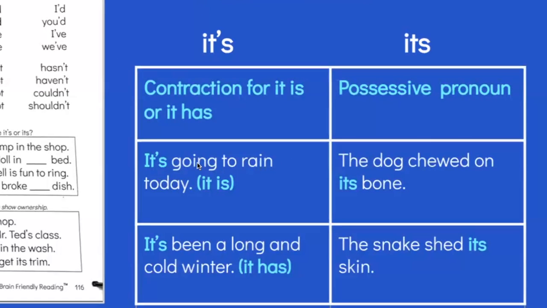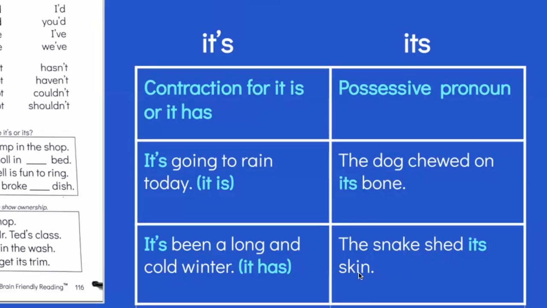Some examples are, it's going to rain today. It is. Or it's been a long and cold winter. The it's contraction is short for it has. Its without an apostrophe is a possessive pronoun. Some examples include the dog chewed on its bone.